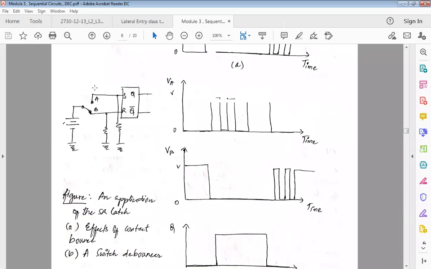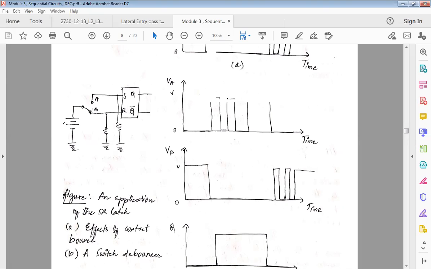So S can be either a 0 or R can be a 1. We are not actually getting into both the 1 state, which means the invalid state is not going to occur here, because we have just one contact. One contact cannot connect to both the contacts at the same time, the E and B terminals, right? So we will never experience the invalid state.